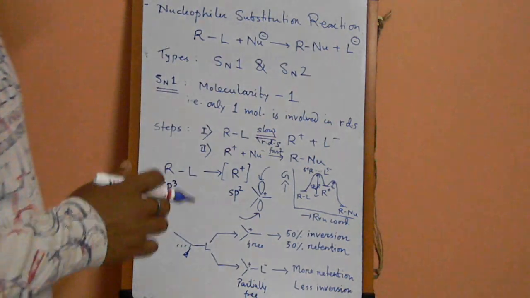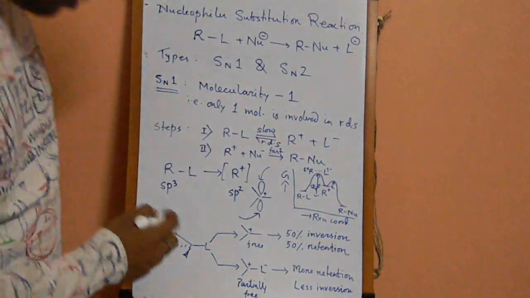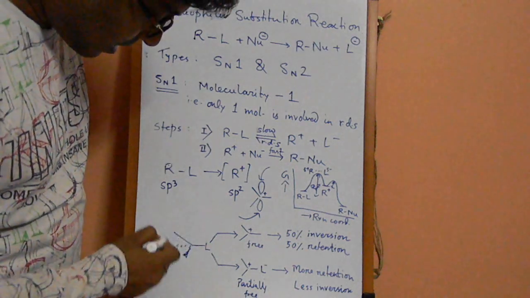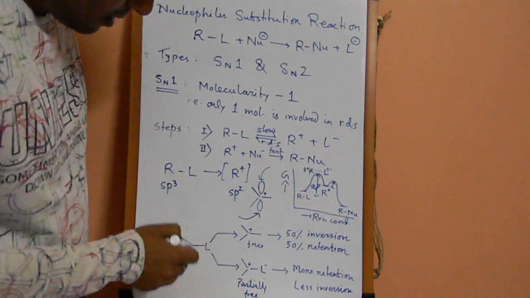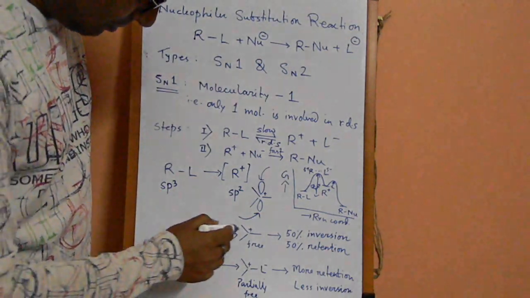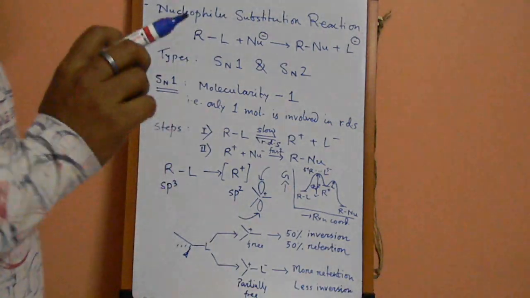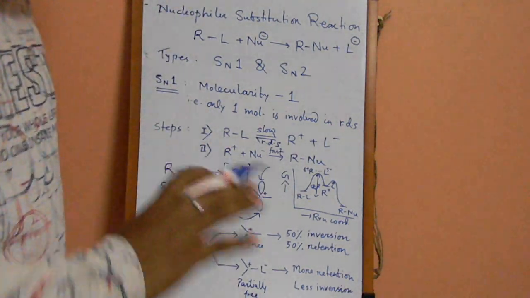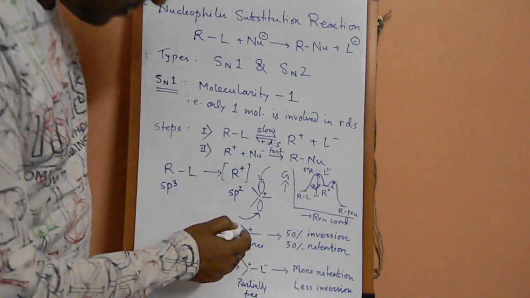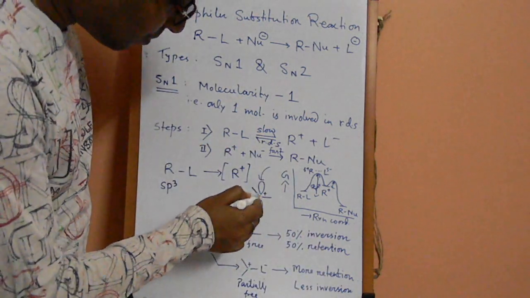So now if you think logically, if this is the substrate, that is what we have called RL, then it can have two possible ways. In the first pathway, the L departs completely, you get a free carbocation, and you have two such lobes.